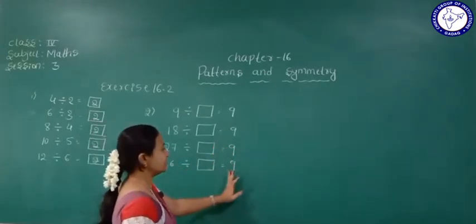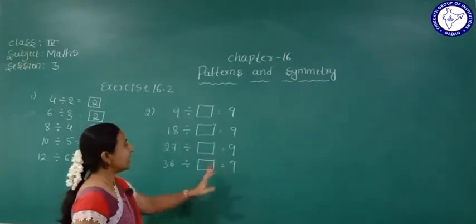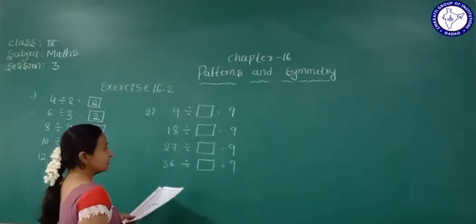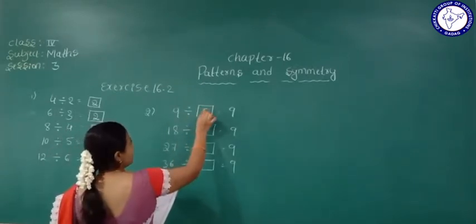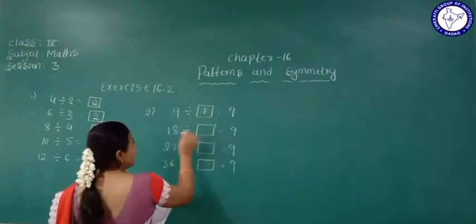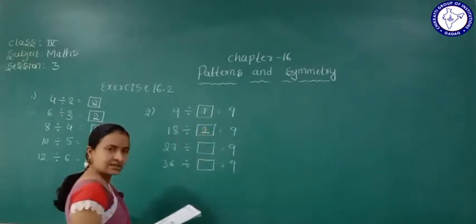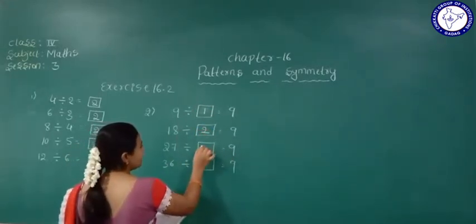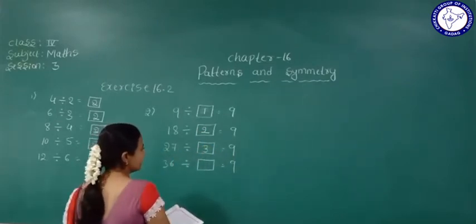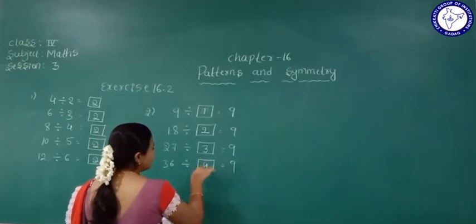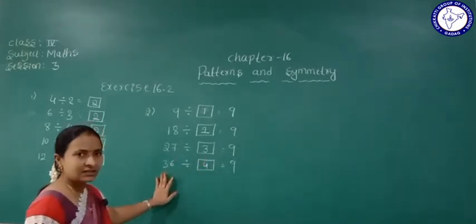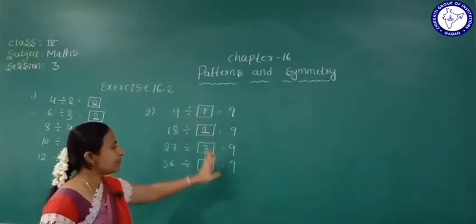The quotient here is 9. So 9 1s are 9, 9 2s are 18, 9 3s are 27, 4 1s are 4 9s are 36. We can understand this is a pattern.